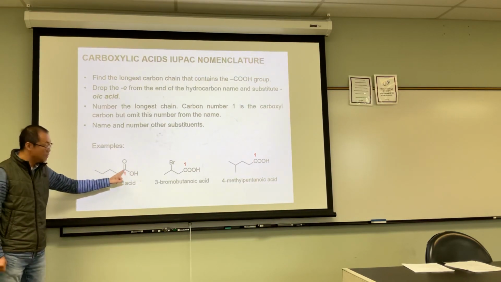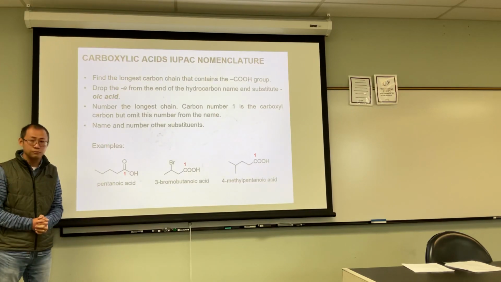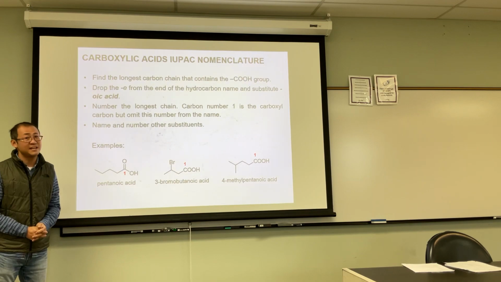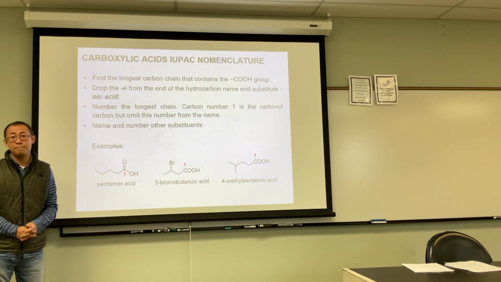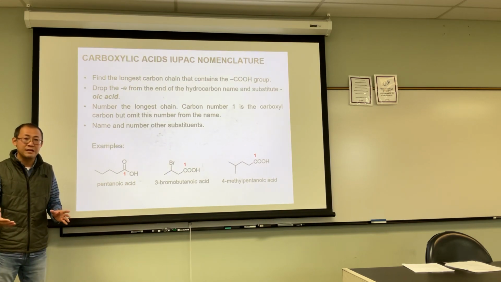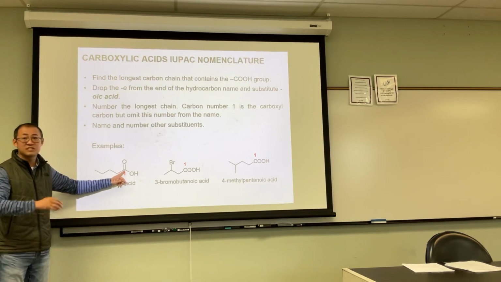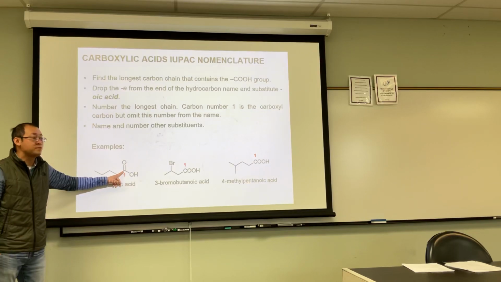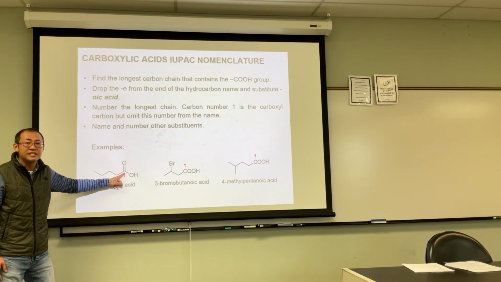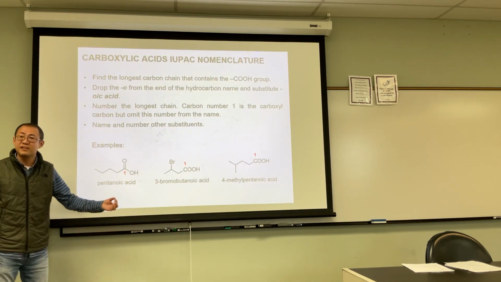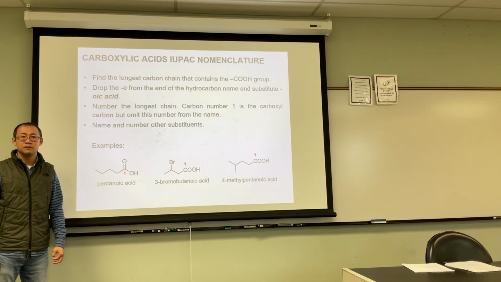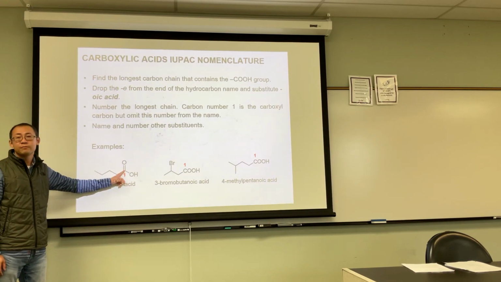So that means the carboxyl group will always be number 1 because it's at the end. And because of that, you guys have experience on naming already. If the carbon is always number 1, no exception, no surprise, then we do not need to number it in the name. We do not put a number in the name. This is always number 1.